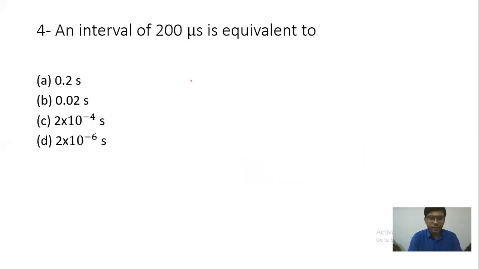Here the number is 200, and you know that micro is equal to 10 raised to the power minus 6. By removing micro, it becomes 200 exponent minus 6 seconds.